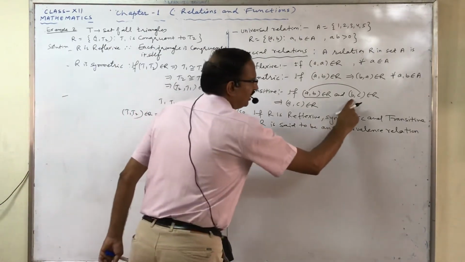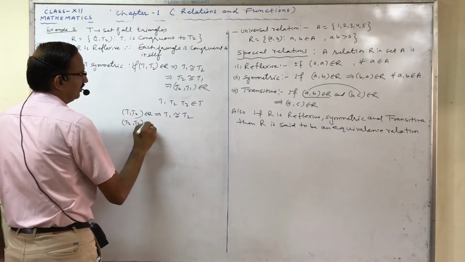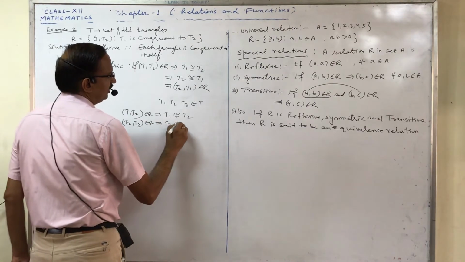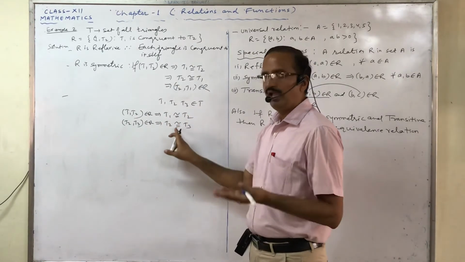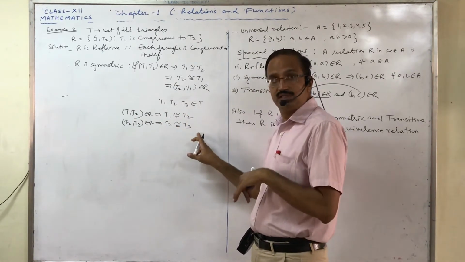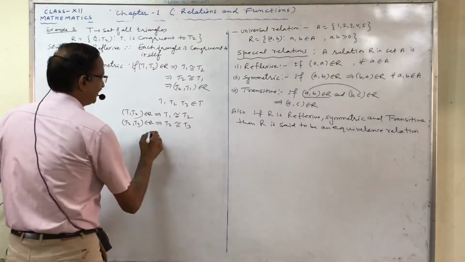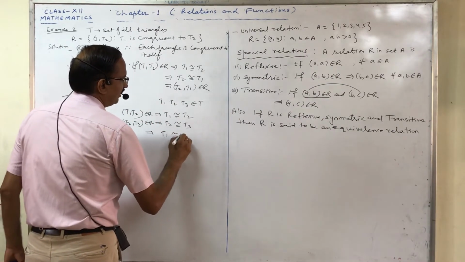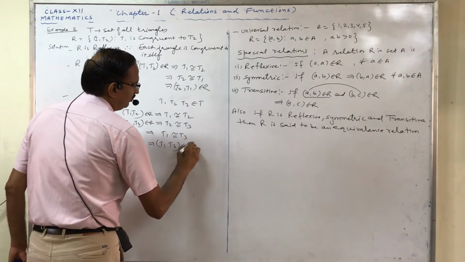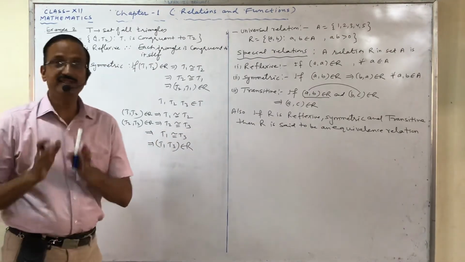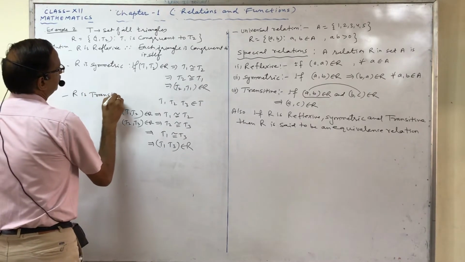Now the second condition, B, C belongs to R. We will write T2, T3 belongs to R. This implies that T2 is congruent to T3. So when T1 is congruent to T2 and T2 is also congruent to T3, obviously T1 is also congruent to T3. This implies that T1, T3 belongs to R. It means R is transitive.